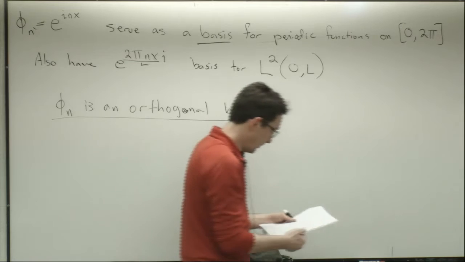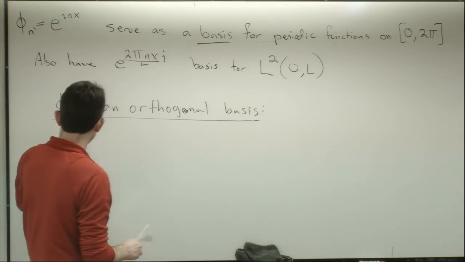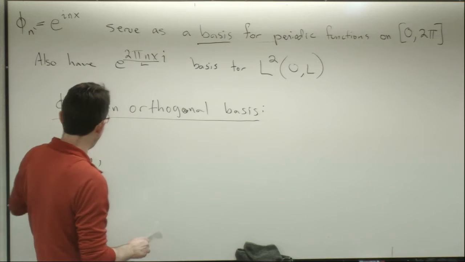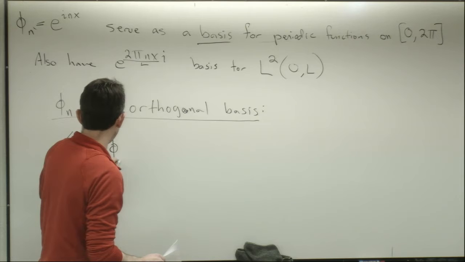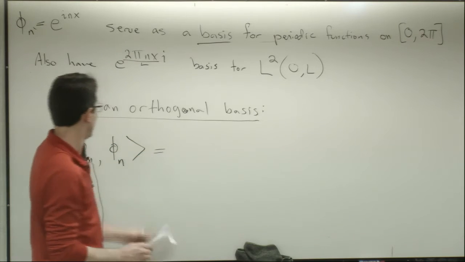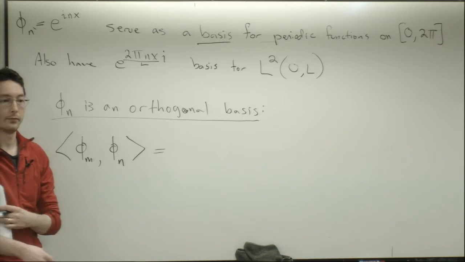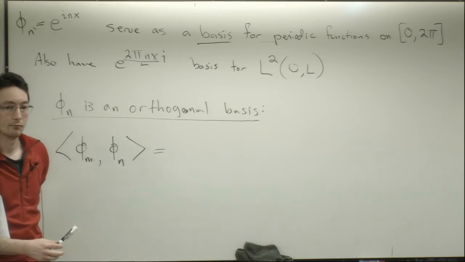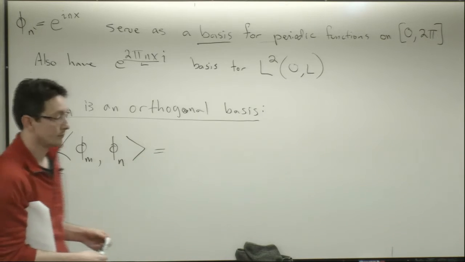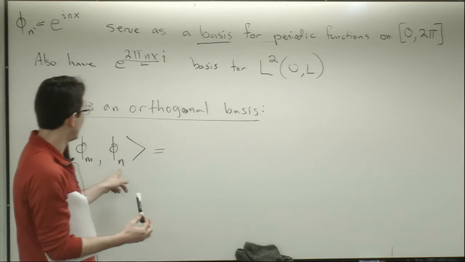Okay? So let's just recall what our inner product is. What is the inner product of phi m, the mth mode, the mth function, with phi n? What is this function inner product that we defined last time? How do I measure how close two functions are?